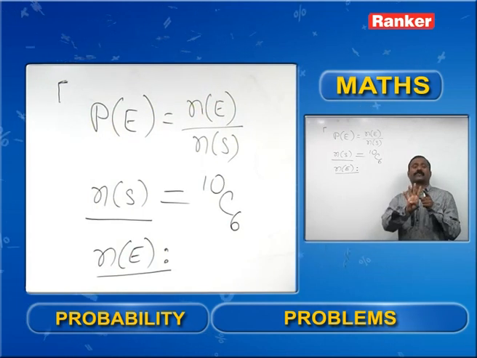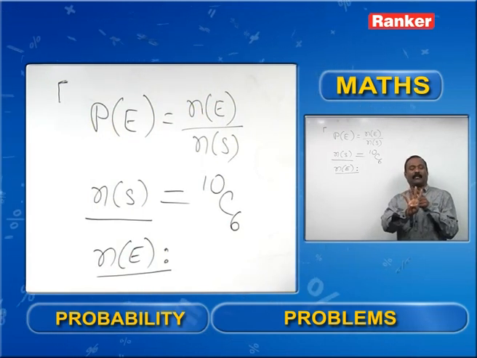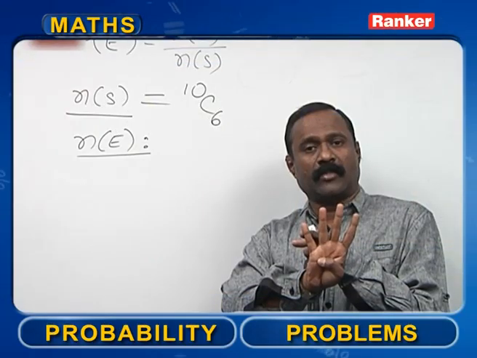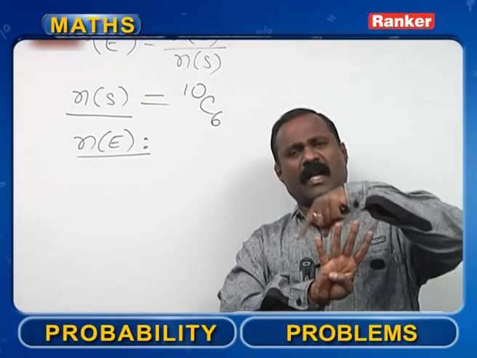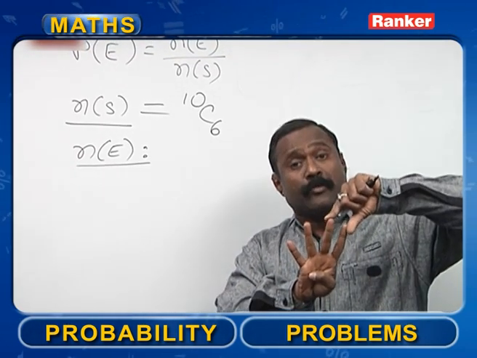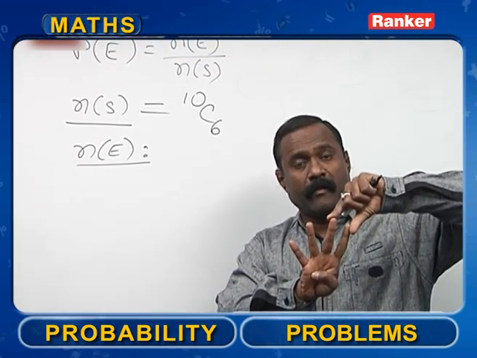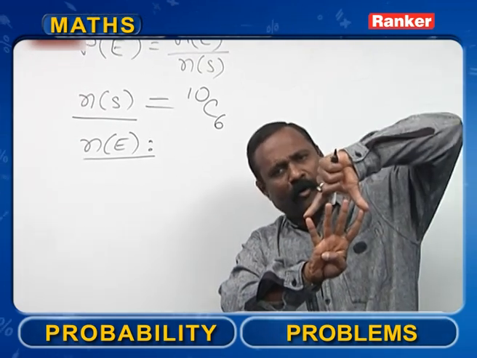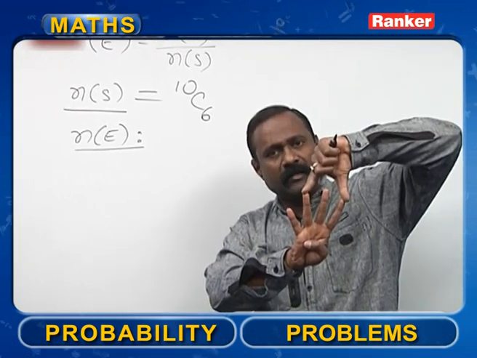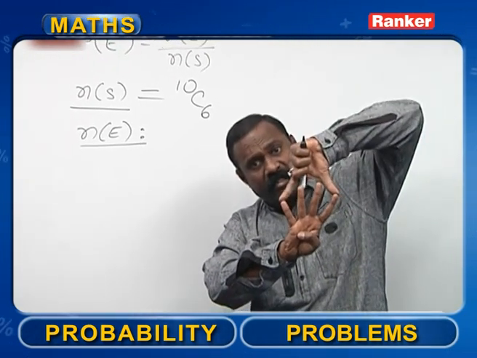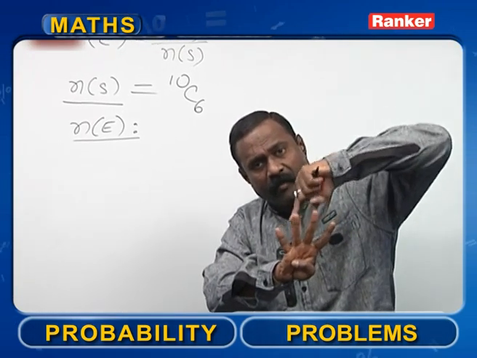Let us take the total number of defective articles: 4. 1, 2, 3, 4 are there. 6 total articles are chosen from all the 10. If more than 2 articles are defective, it must be either 3 or 4. That is our favorable case. If 3 or 4 articles are defective, then the entire consignment will be rejected.